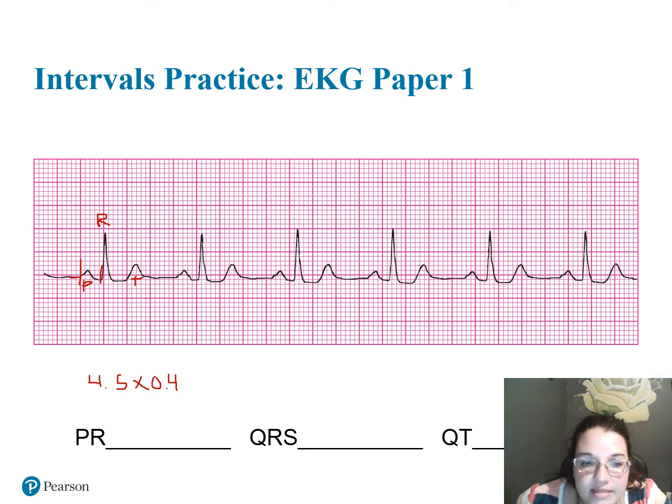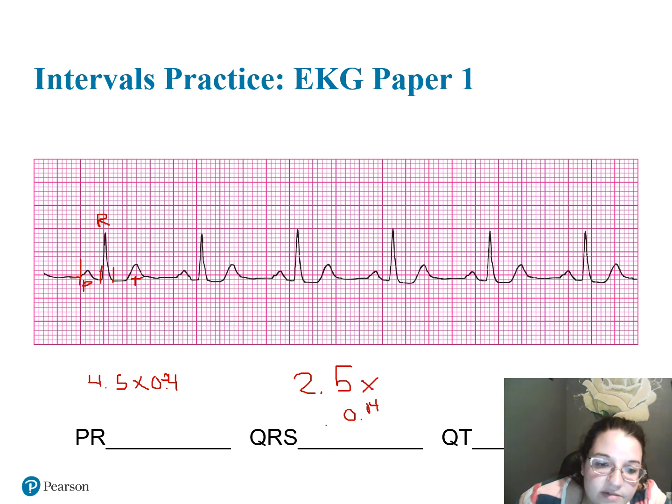My QRS segment is the beginning of the QRS, which is half of that box before that dark line, and the end of the QRS. I'm getting about 2.5 boxes, and again, multiply times 0.04. And I messed that up. That should be a 0.04 in front of that one.